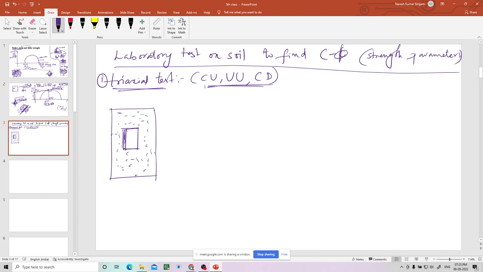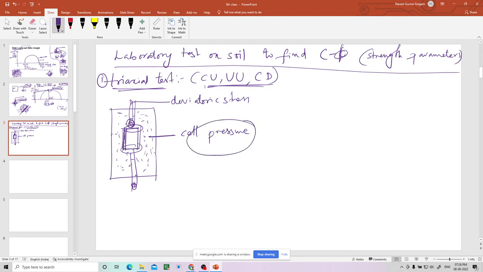This water gives equal pressure from all sides of the sample. The sample is also subjected to one vertical load, which is called deviatoric stress or deviatoric load. The pressure from the water inside the cell is called cell pressure.